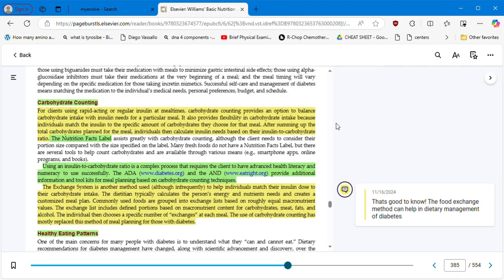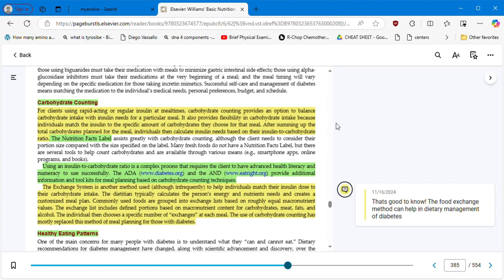Commonly used foods are grouped into exchange lists based on roughly equal macronutrient values. So we are talking about proteins in one section, fats in another section, and then carbs in another section, right? And then the exchange list includes defined portions based on macronutrient content for carbs, meat, fats, and alcohol, including alcohol.